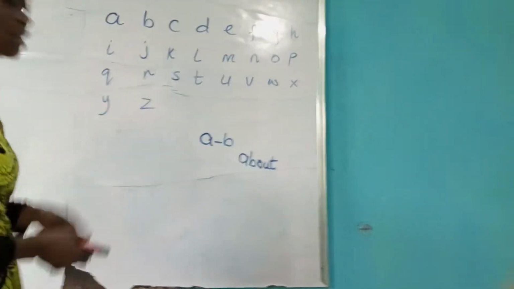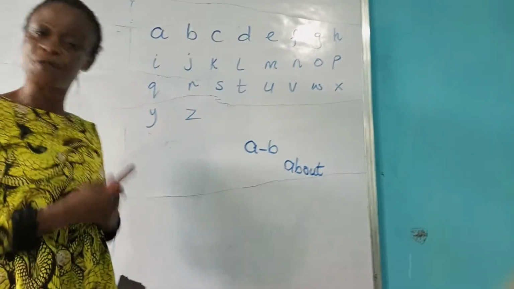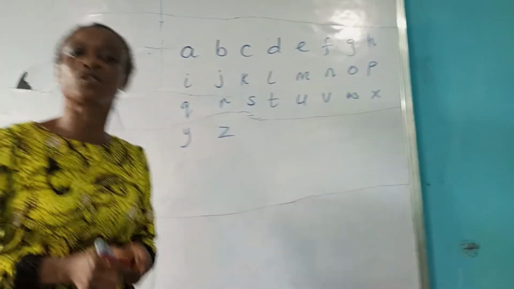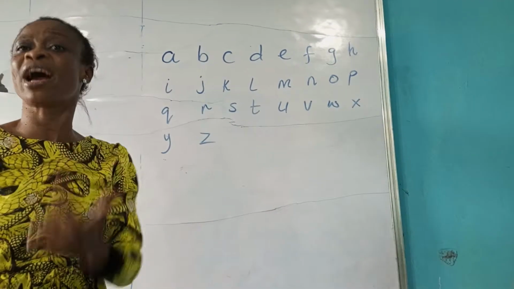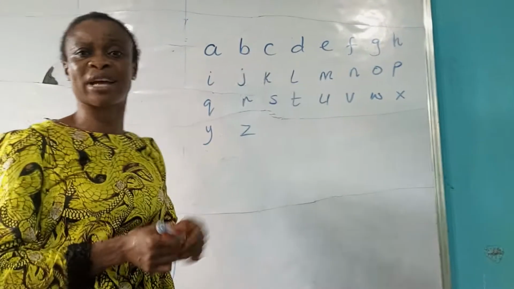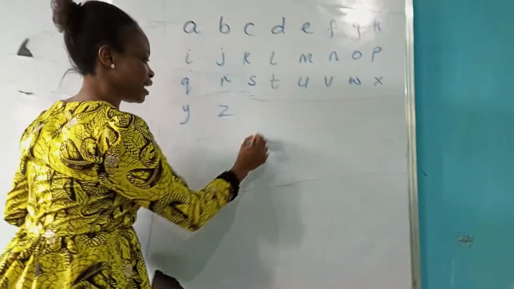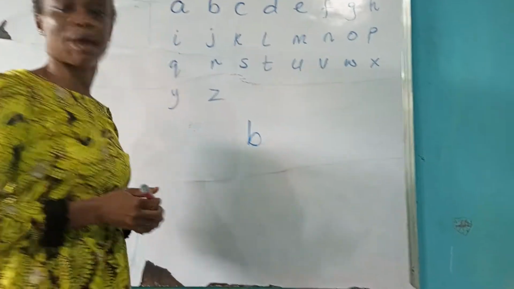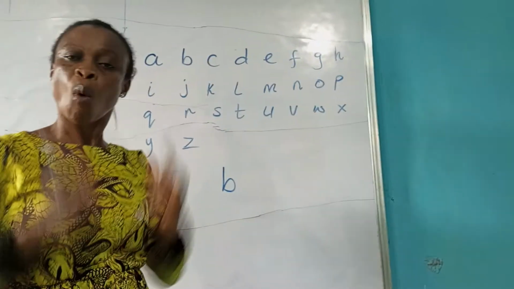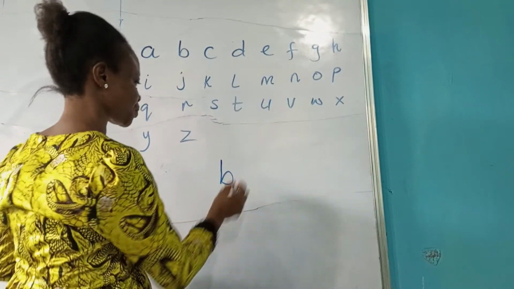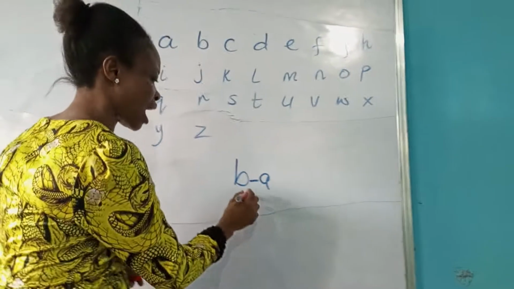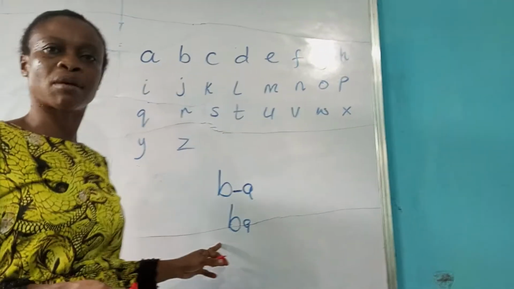But today, let's start with consonants first. Remember, we have 21 consonants. The first consonant in the list of this English alphabet is letter B. Letter B has the sound B. When we add letter A, which has sound A, we're going to have a combined sound, which is ba.